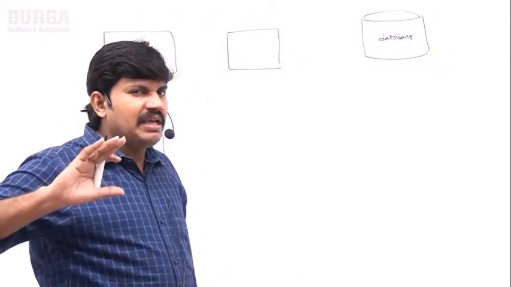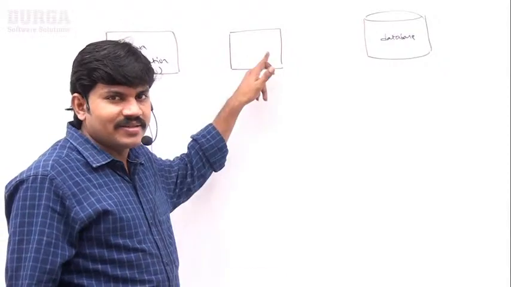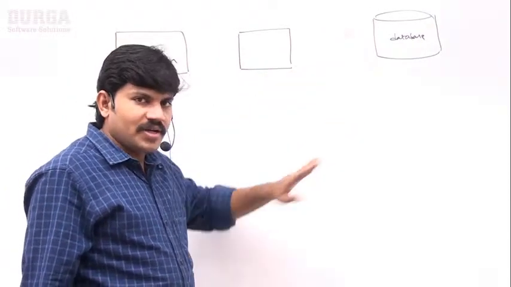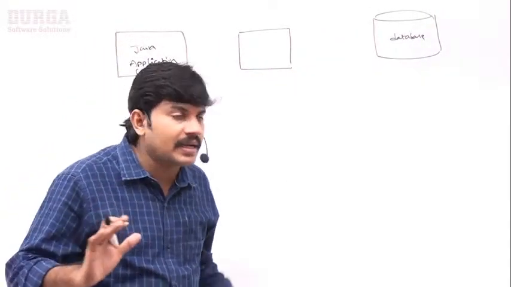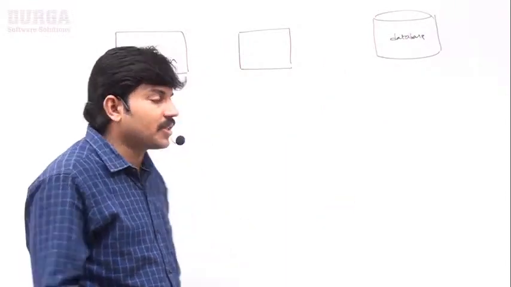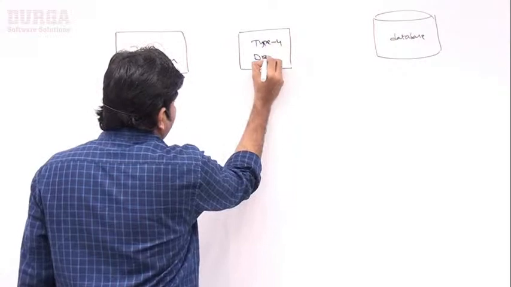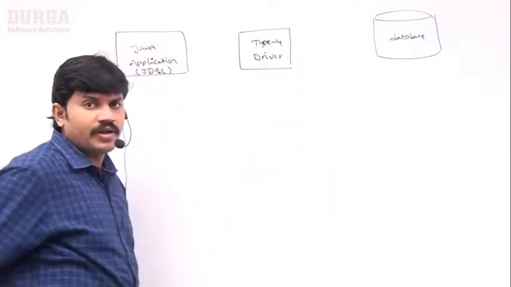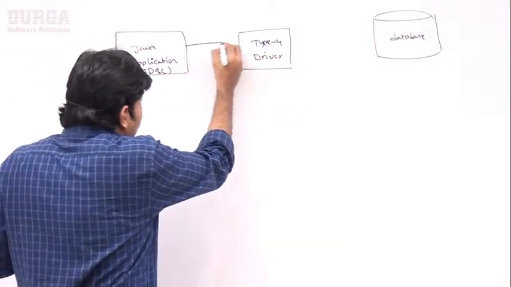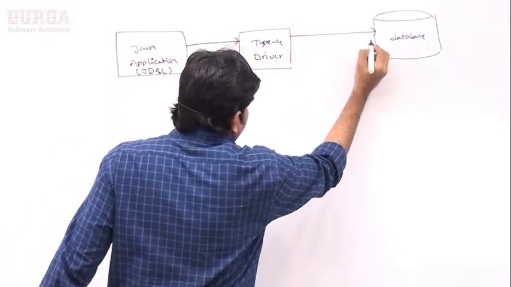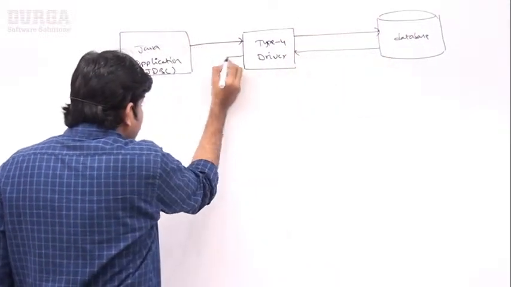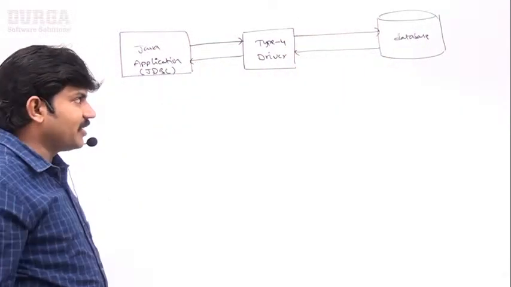But the biggest advantage of the type 4 driver is that it won't require any component. Directly it will communicate with the database, and the results it will provide to the Java application.